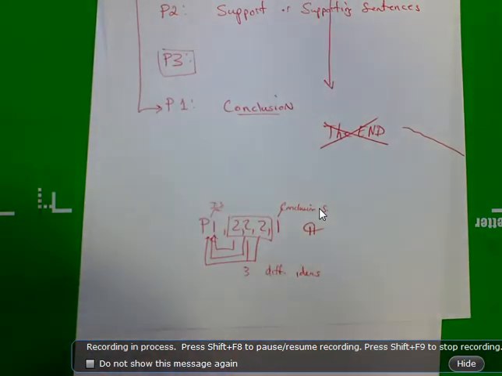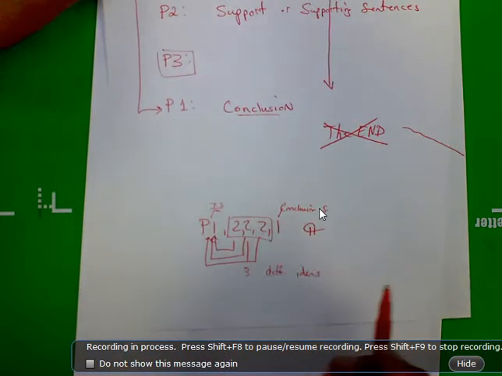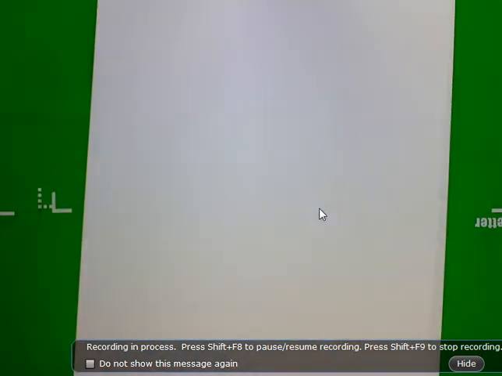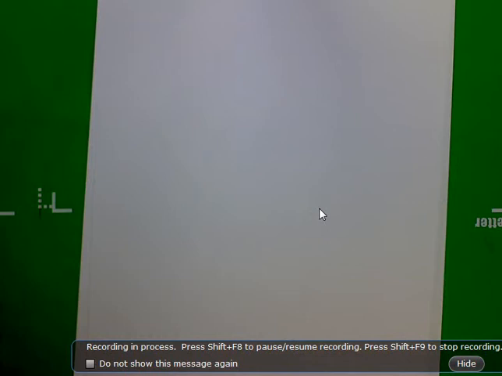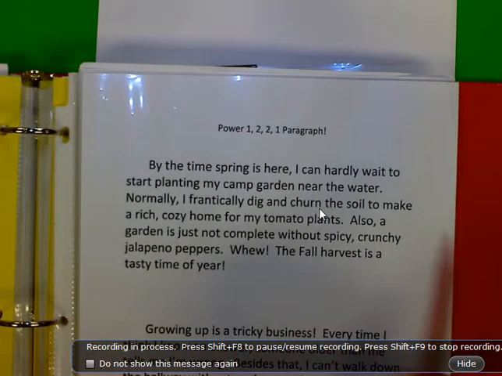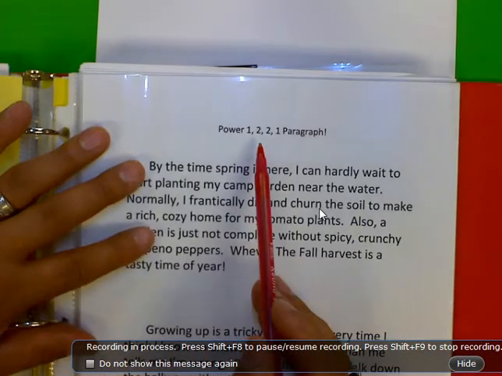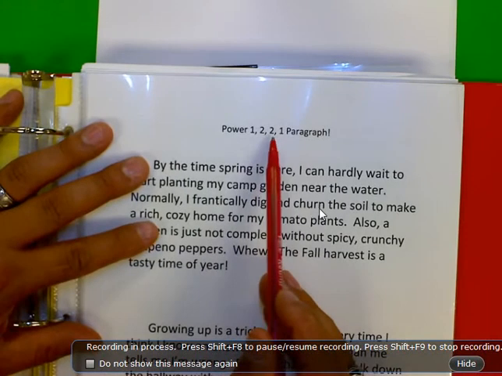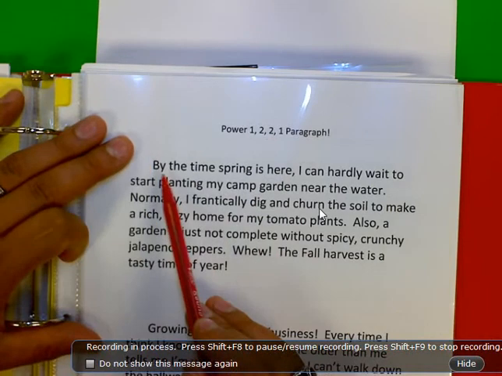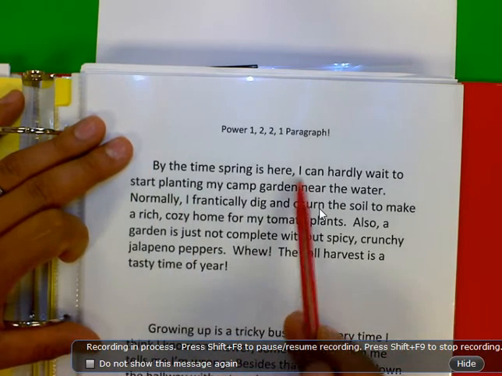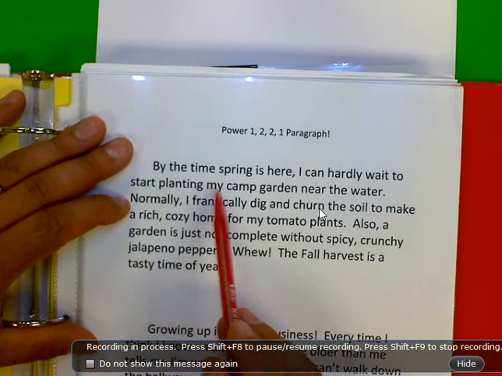One way we can do this is to look at an example. This is a very basic paragraph. As you can see from the top, it's a power 1, 2, 2, 1 paragraph, so we have 2 supporting ideas. If I read this: by the time spring is here, I can hardly wait to start planting my camp garden near the water.